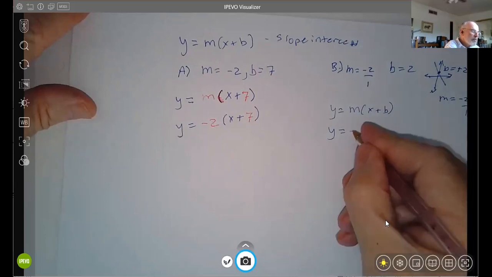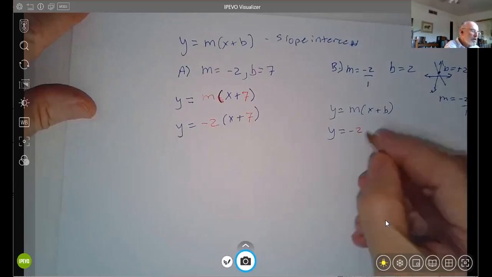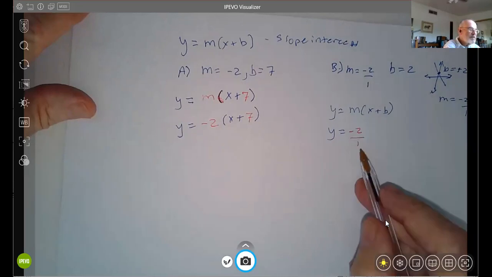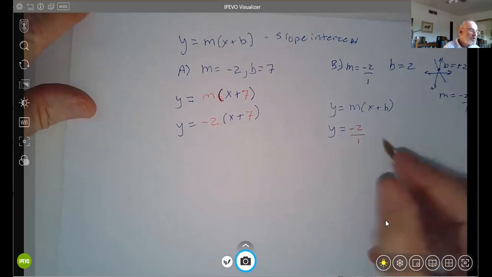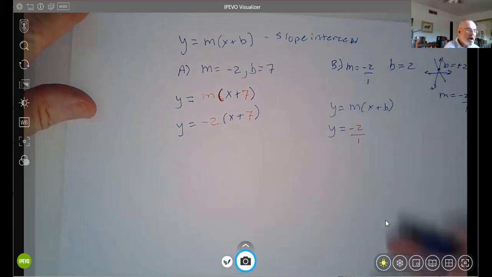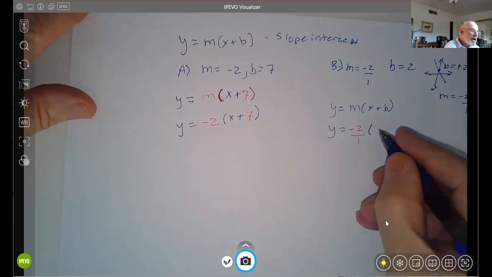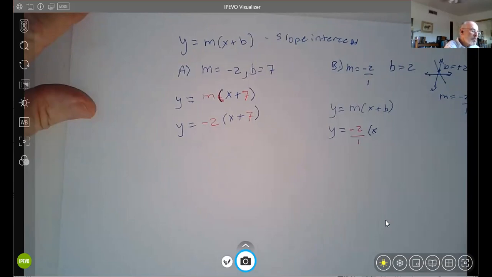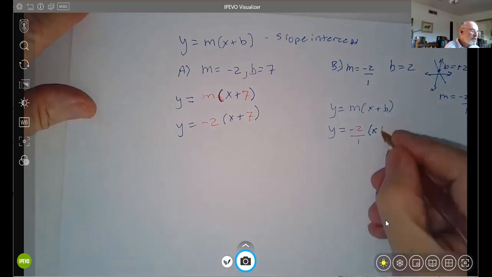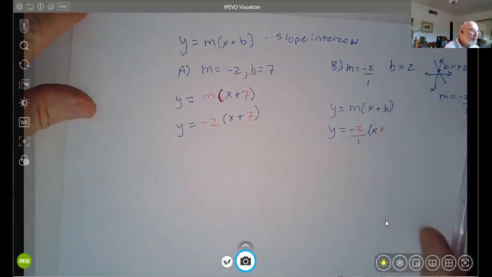Typically speaking, you would only show it as -2 in the equation, but when you're trying to think of rise over run, you may want to leave it that way, at least temporarily. And x plus, and then b is 2.